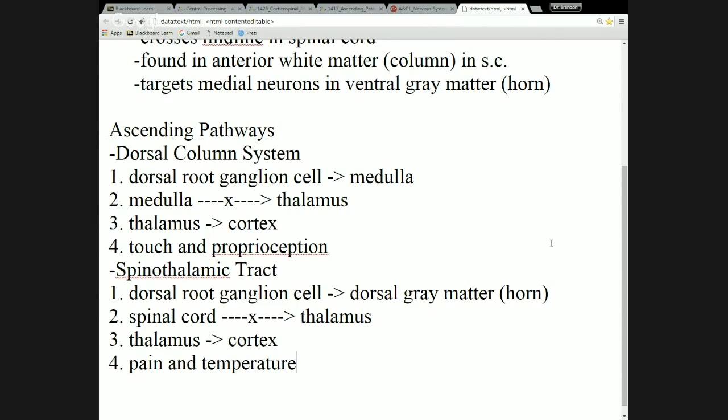The motor information is just going to present with being able to move the legs or not, one leg or the other or not. But with the sensory information, because the information is traveling on either side of the spinal cord, one's going to be affected and the other one's not. And you can use sensory discrimination to tell that. So let me go back to the picture here.